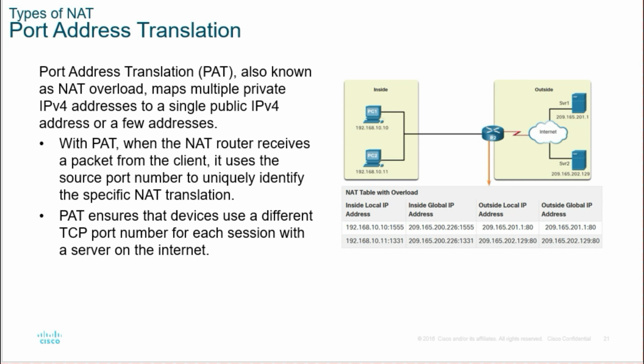Okay, so this port number akan membezakan bahawa satu 10.10 adalah connection kepada 201.1 dan 10.11 ni menggunakan port number 1331 adalah connection kepada 202.129. So this mapping ni perlu kita rekodkan dalam NAT table to make sure that it is a correct translation.